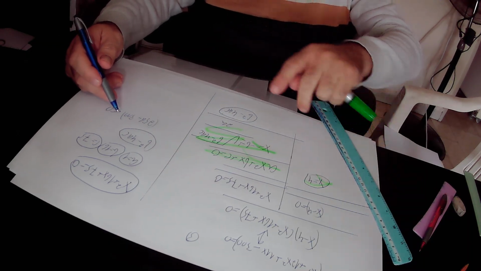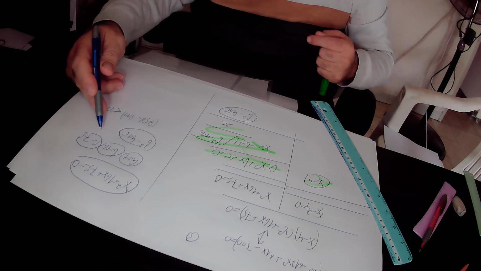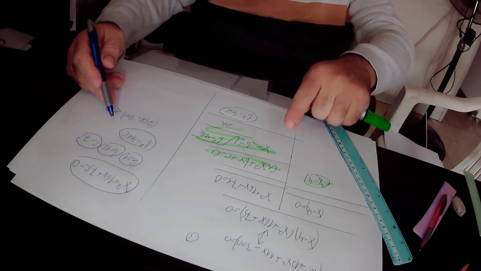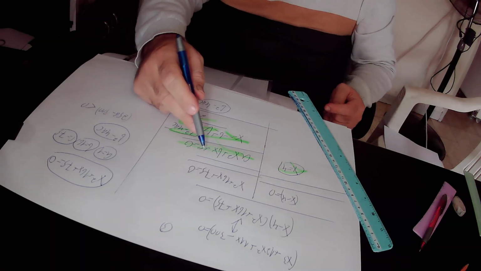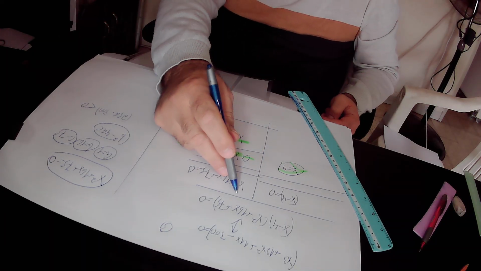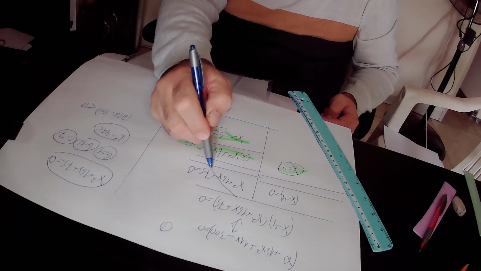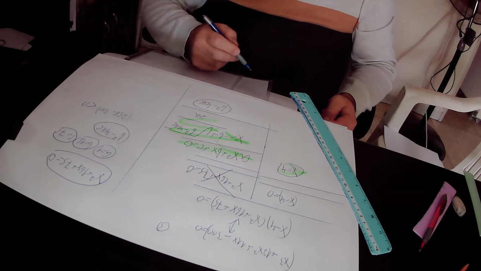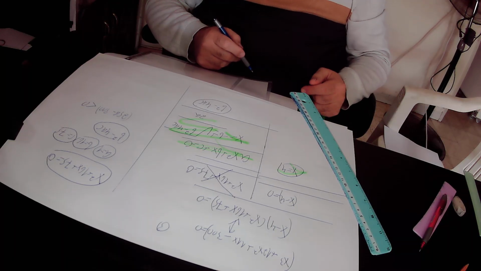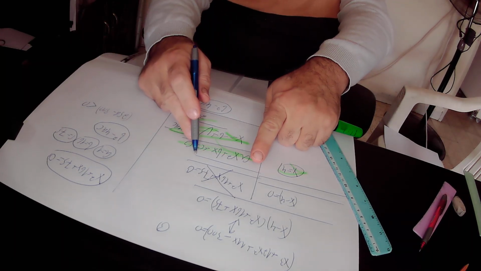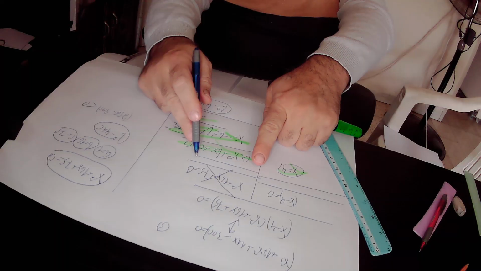So because this quadratic equation has no solution at all, it means that the second solution to this equation is an incorrect solution. It has no solution at all. Actually, we can prove in another way that this quadratic equation has no solution at all.